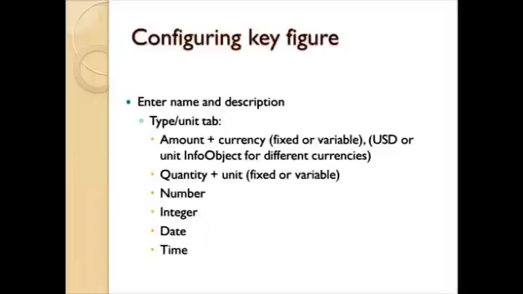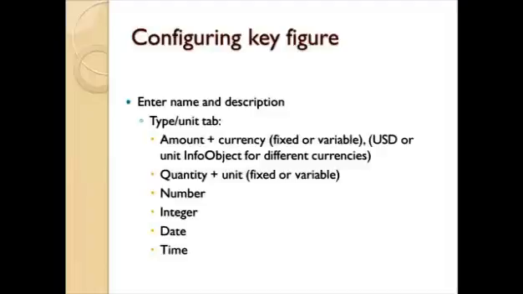Similarly, after we create a key figure and enter a name and description for it, we then need to configure the key figure. On the type/unit tab, basically we need to define what kind of key figure we are talking about. There are 6 different types we talked about earlier.